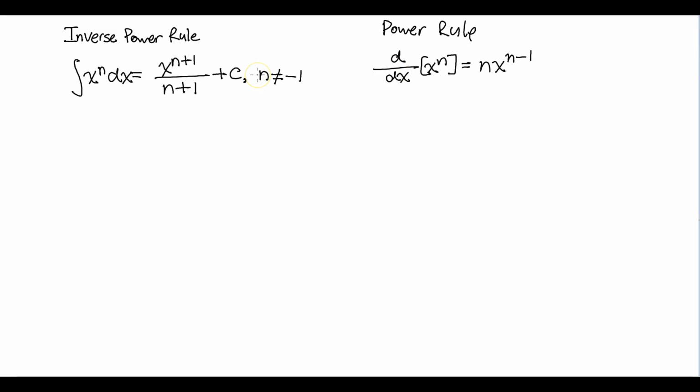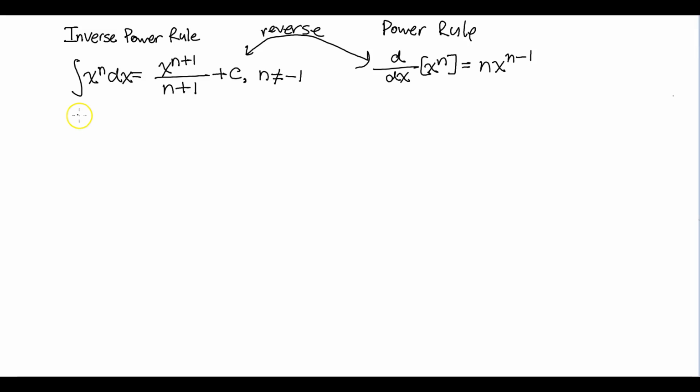The inverse of that, or the opposite of this, integration, will increase the power. You're multiplying by the original power, now you're dividing by your new power. So you can see this reverse relationship between the inverse power rule and the normal power rule.